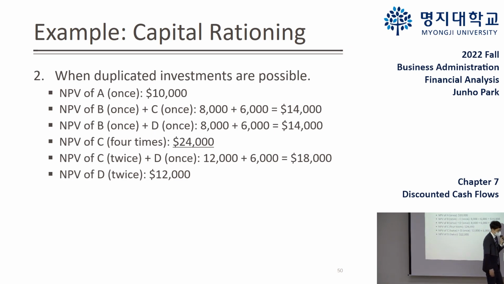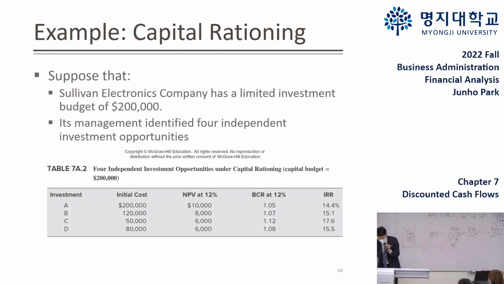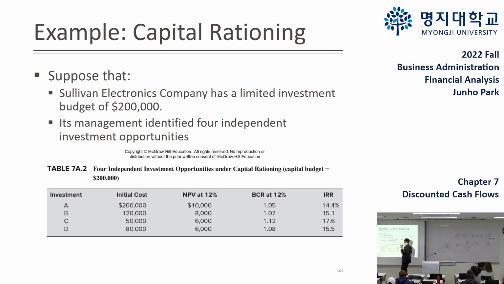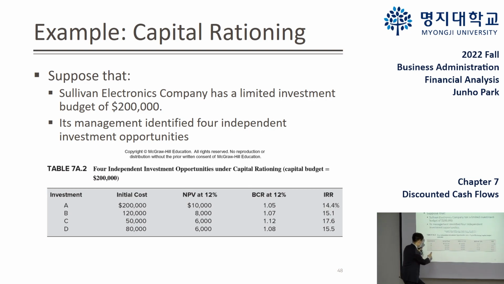And let me go back, because now I realize that maybe BCR can be very intuitive, or it can give some idea about our choice. As you can see, if we compare the BCR, the investment C's BCR is the highest.